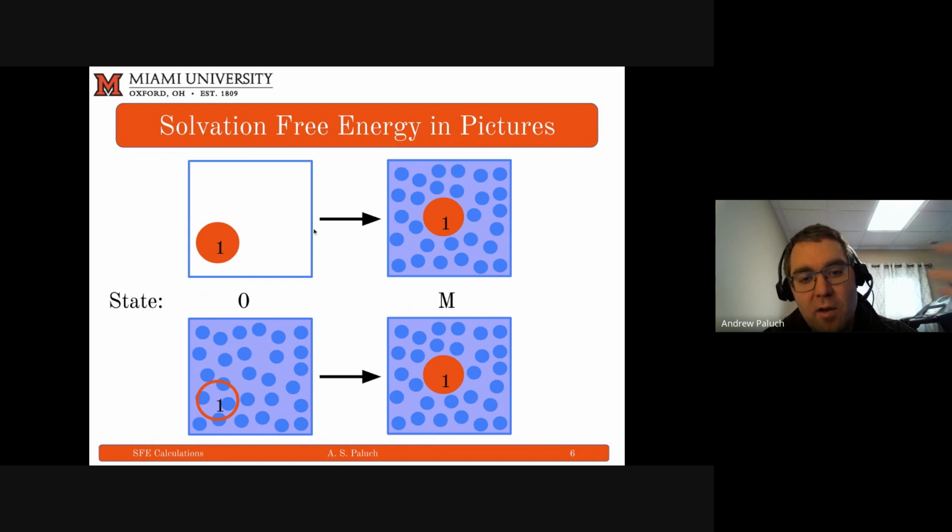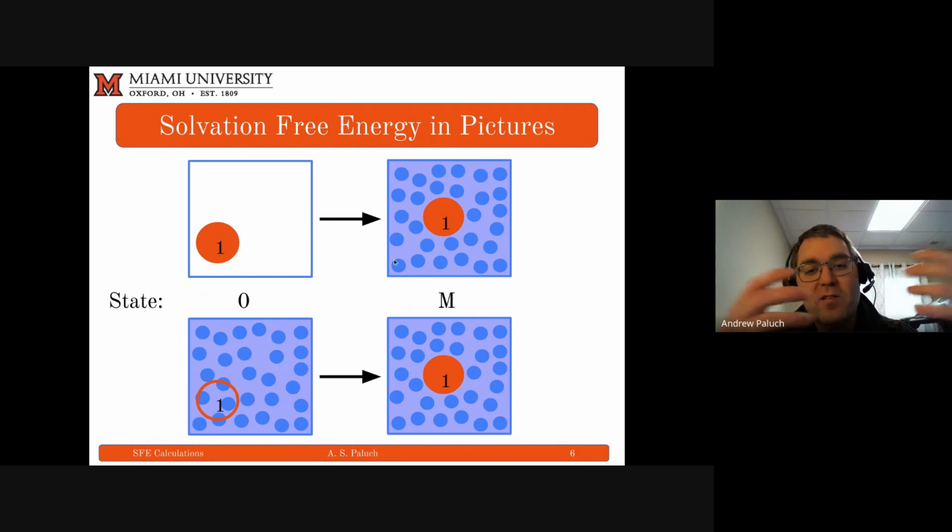Okay. So solvation free energy is the Gibbs free energy of transfer of taking the solute from a non-interacting ideal gas state to solution.